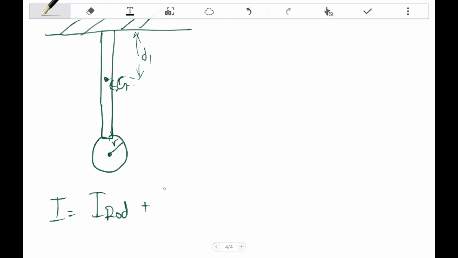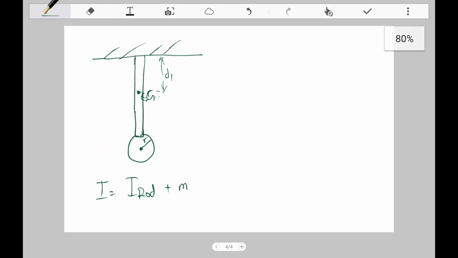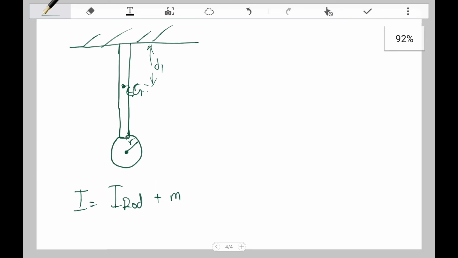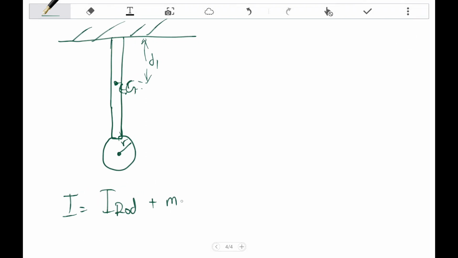That's your D1, that's your M1, M2, D1 squared plus. Now you've got a shape.